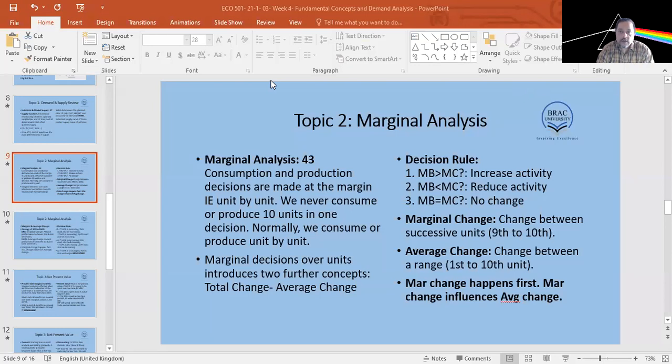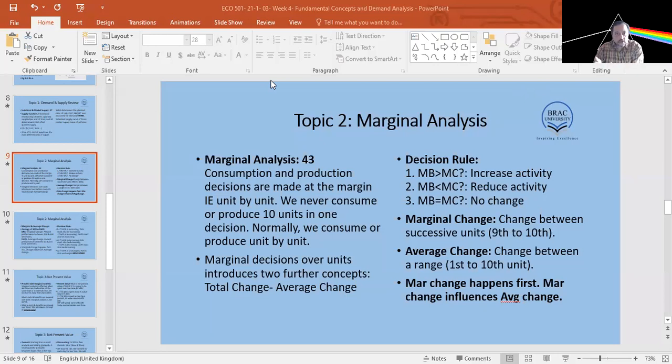Now, in the last week, we all agreed that when we make a decision or perform some economic activity, we do not perform these economic activities or make these decisions from the first to the last unit in one shot. We go gradually. We produce one unit, we produce another unit, we produce another unit.